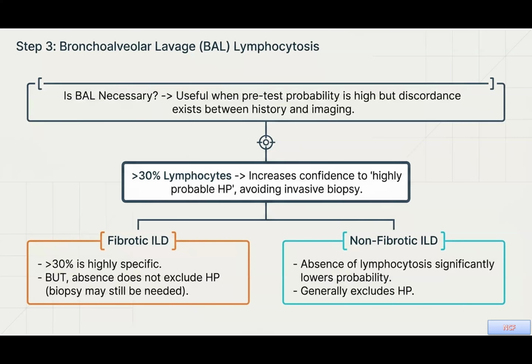So in fibrotic HP, more than 30% is highly specific. However, absence does not exclude HP, so you may still need a biopsy. However, in non-fibrotic HP, absence of lymphocytosis, that is less than 30% lymphocytes, significantly lowers the probability and generally excludes HP.